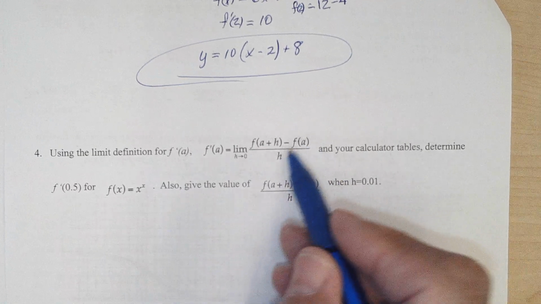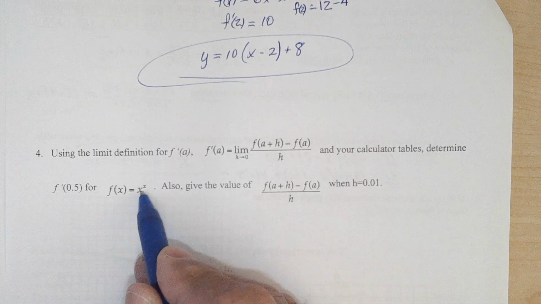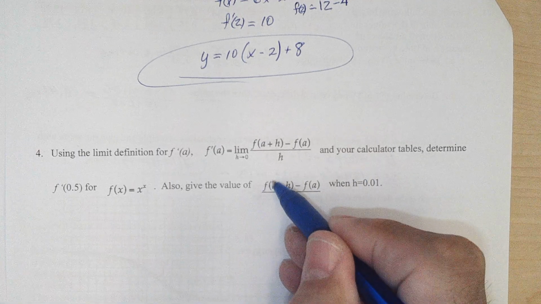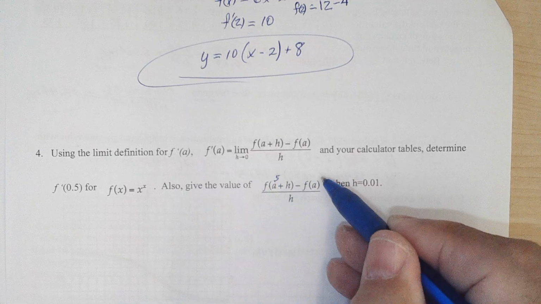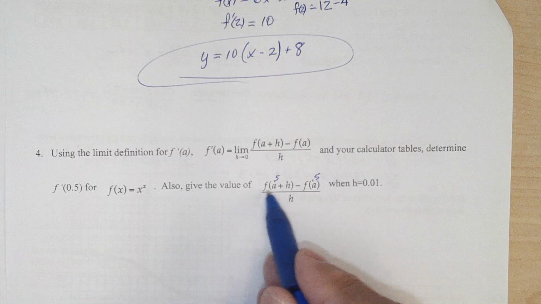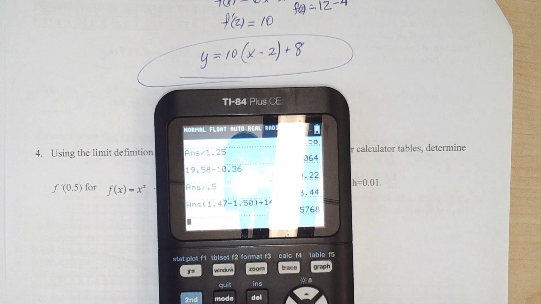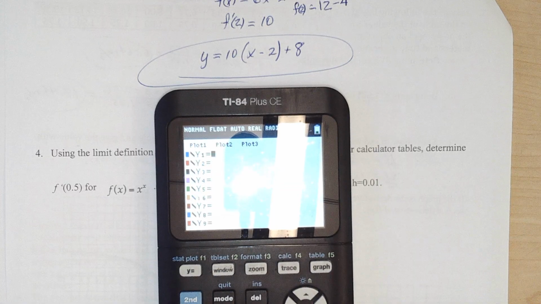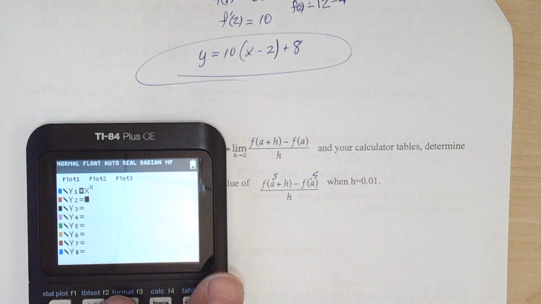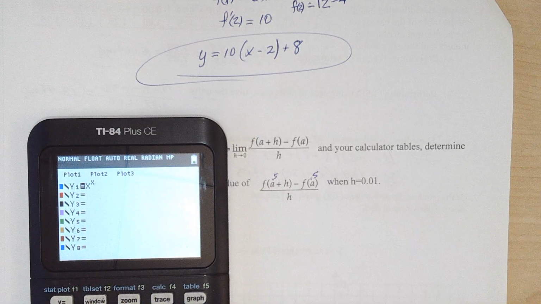So now we have to use this limit definition to find the derivative at 0.5 of this. So we're going to put 0.5 in place of the a, and I'm going to type f right into my calculator, x to the x, as y1.